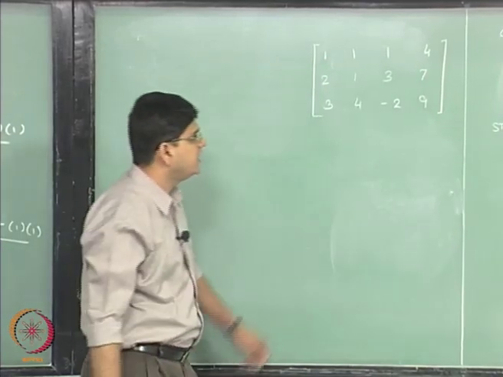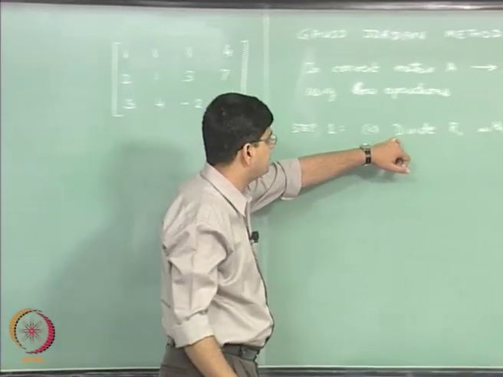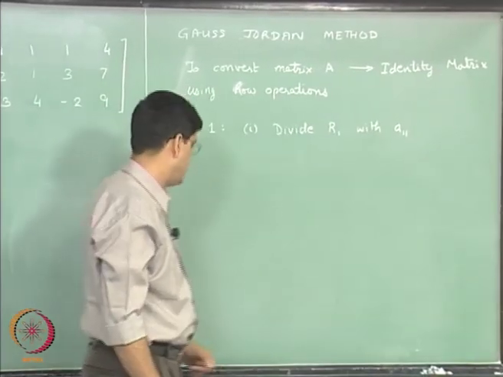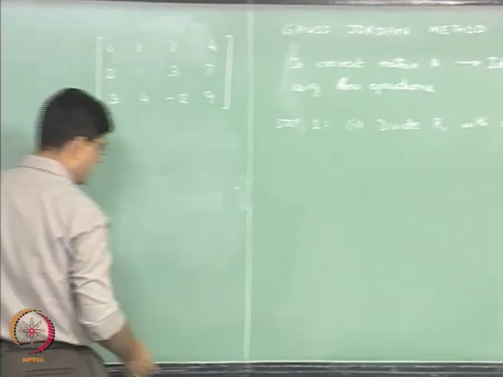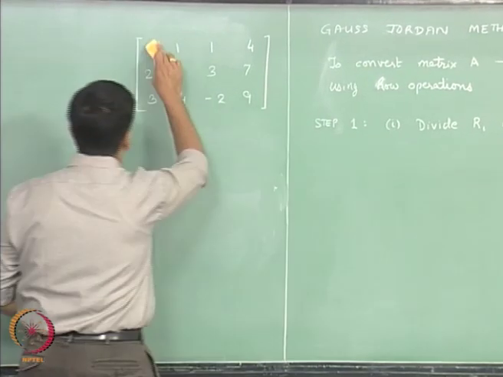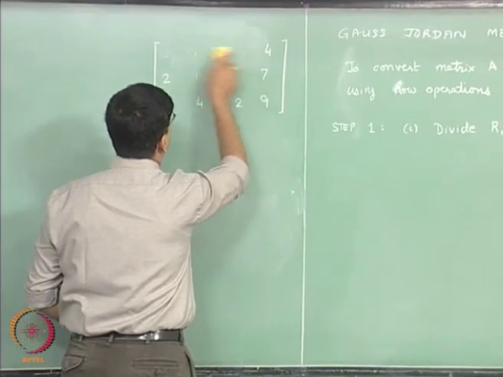At the end of the first part of the first step, we have divided R1 by A11, and when we do that, we will change all these entries to a different color.